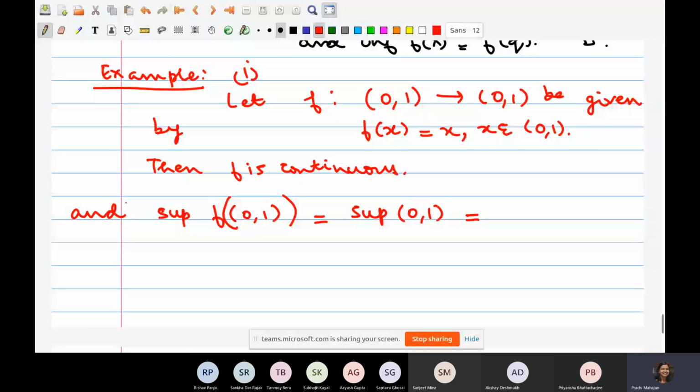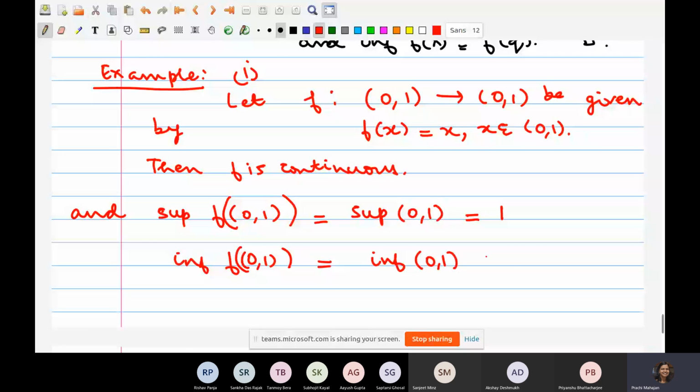Now if I want to take the infimum, what is the infimum of the open interval 0, 1? 0, right?